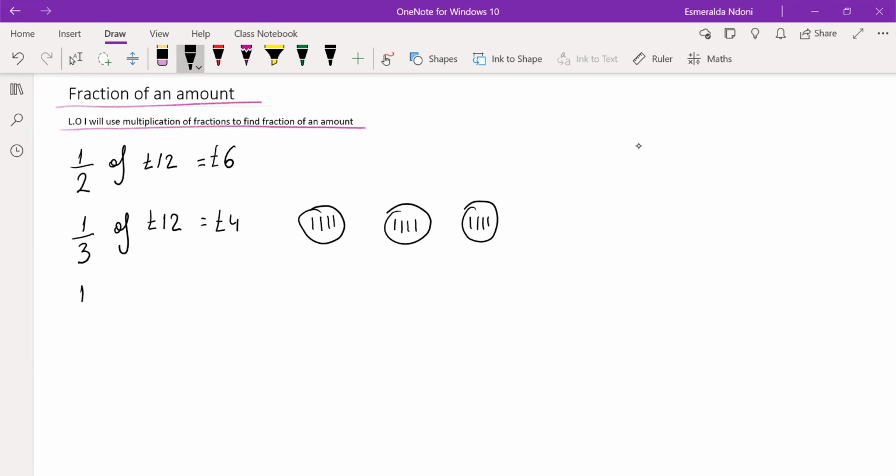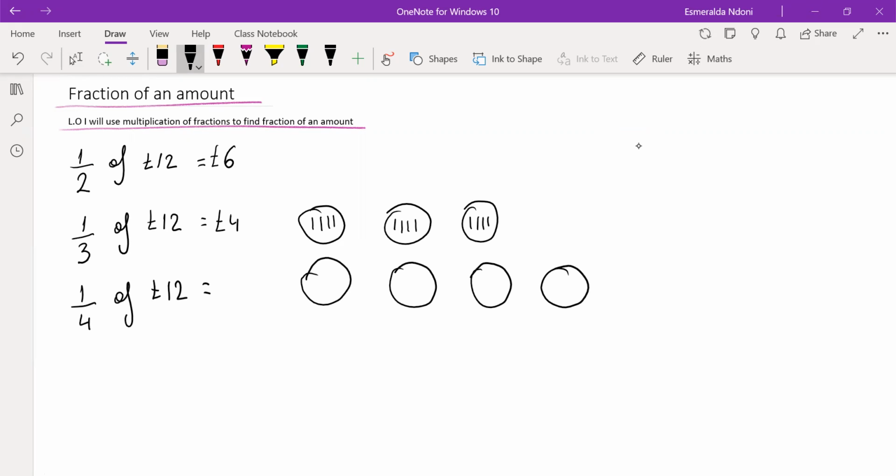If I'm to ask you what is a quarter of 12, you know now that you're going to have 4 baskets because you're sharing £12 between 4 people. So let's do it together.